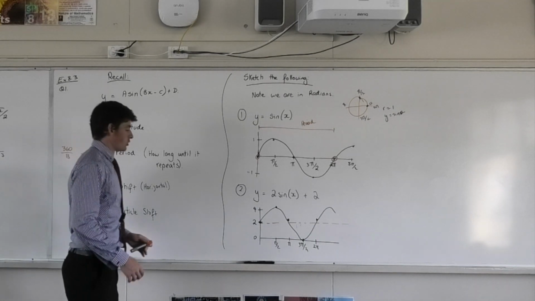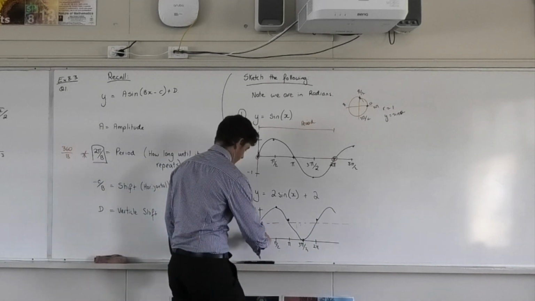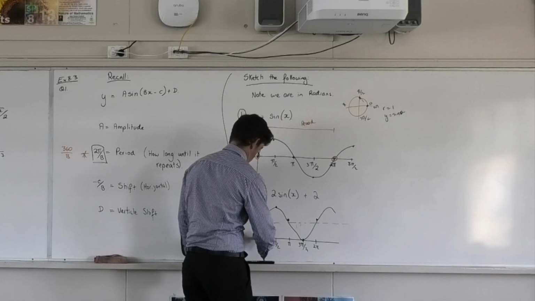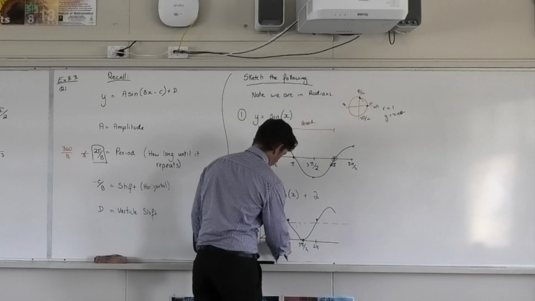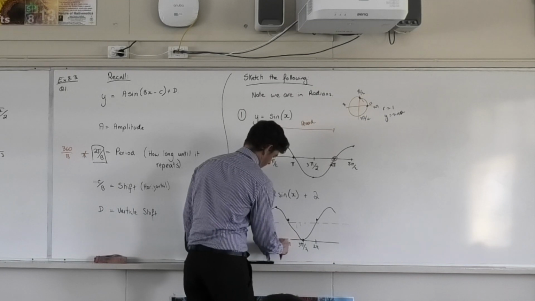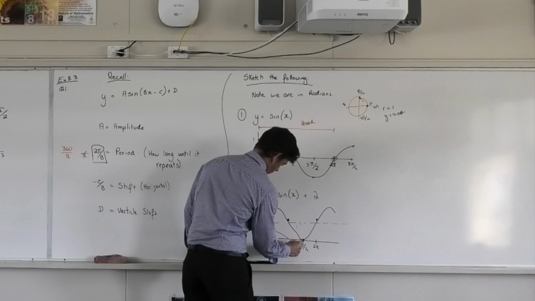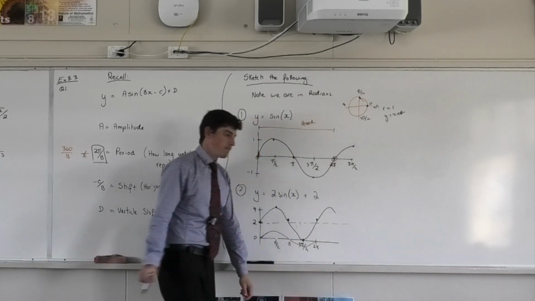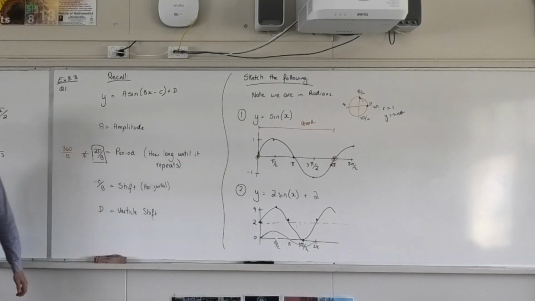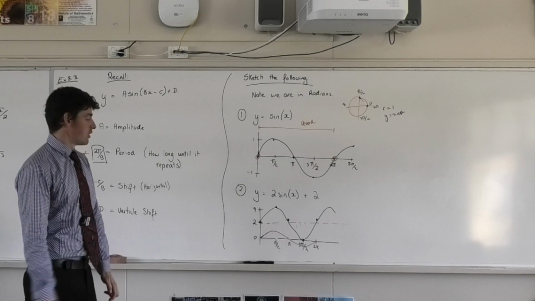My first function will look something like this on this graph. Oh, not like that, sorry, ignore me. It will look something like that. See the difference? Change the amplitude, not change the vertical shift.